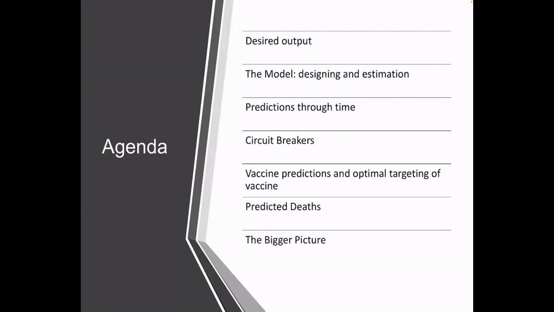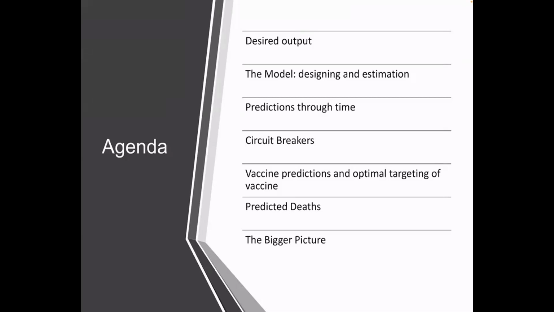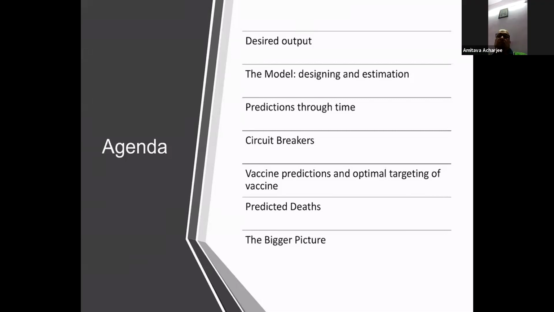Right now, we are 20 plus to 24. That means, you expect others to have at least got one shot, which is incredible. Then I will say something about the predicted deaths and the bigger picture. The bigger picture won't be discussed today, but as we had discussed with Ritesh Bhaiya, maybe it is for some other times, for some other session.